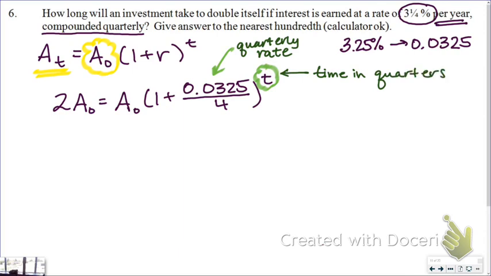Because remember, this is annual. So first divide out the A sub zeros, and then you're going to need to use logs to solve that problem. And for this problem, I said it was okay to use a calculator. All right, so you can go ahead and work on that one.